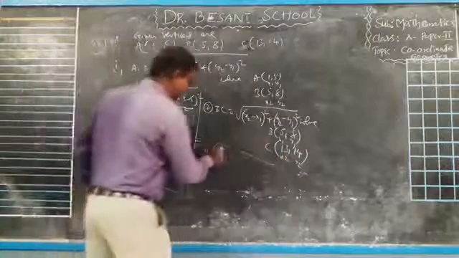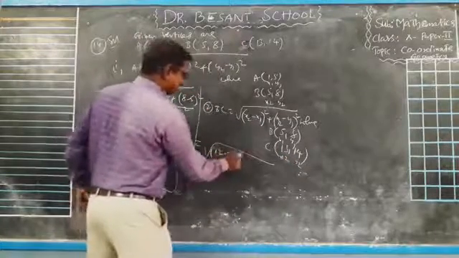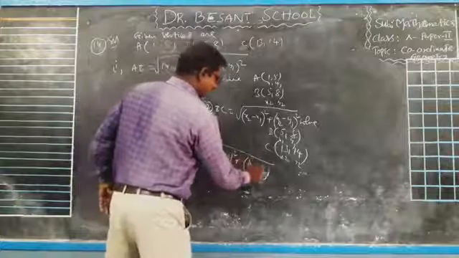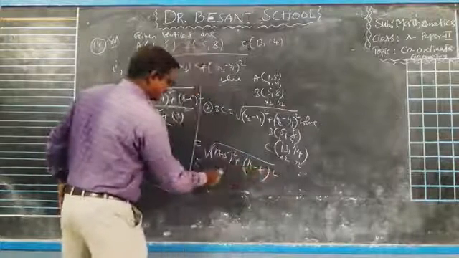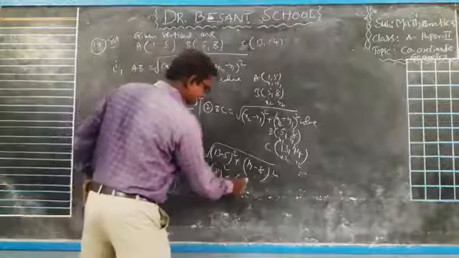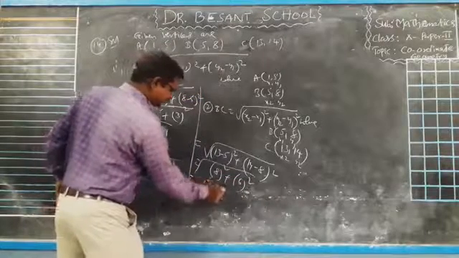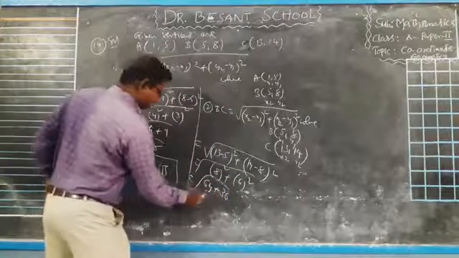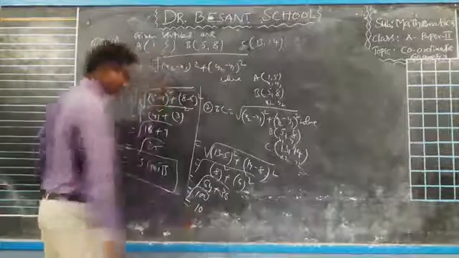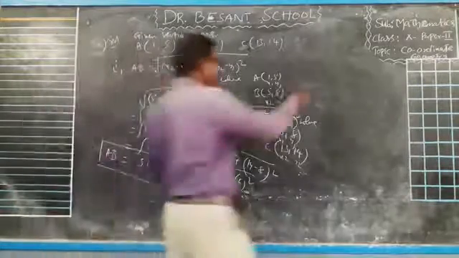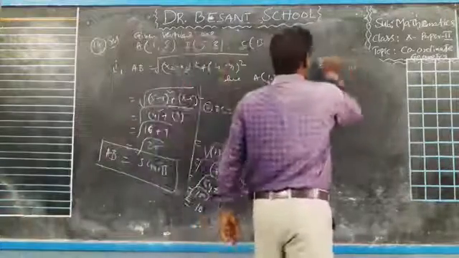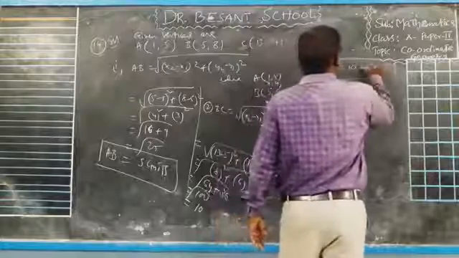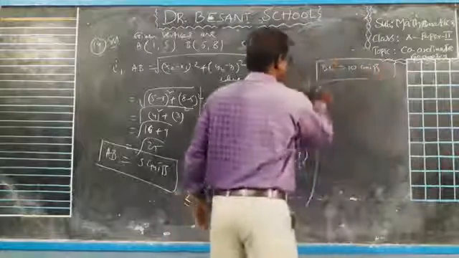That is root over (13 minus 5) whole square plus (14 minus 8) whole square. It is 8 square plus 6 square, 8 8s are 64, 6 6s are 36. Root 100 means 10. So what we got, children? BC is equal to 10 units.